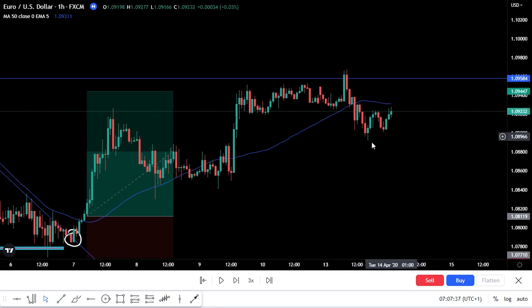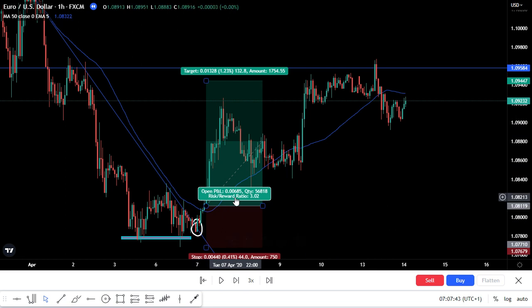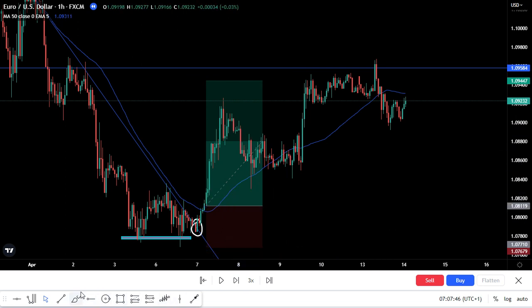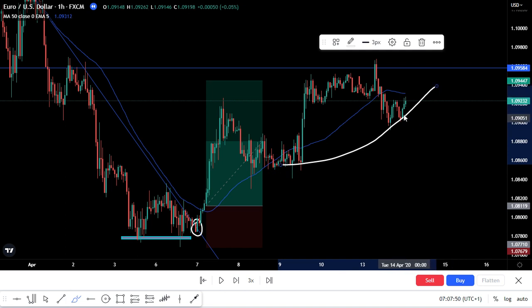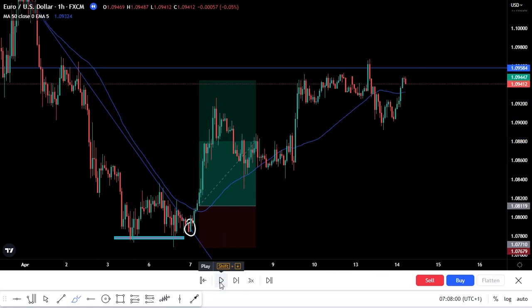I'm not scaling in any other trade right now. Let's assume that my moving average aligned itself below here, something like this. I would be pushing in more trades here, but the problem is the moving average is above, so I'm skipping that trade.